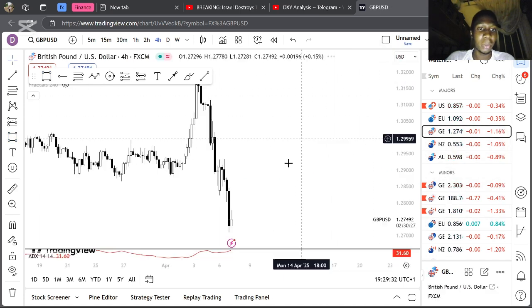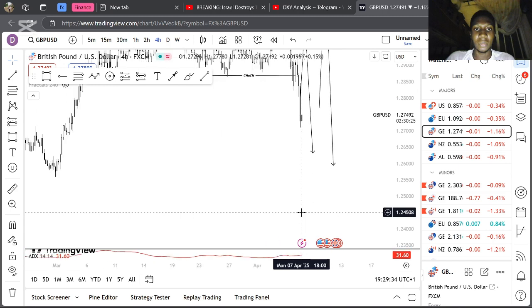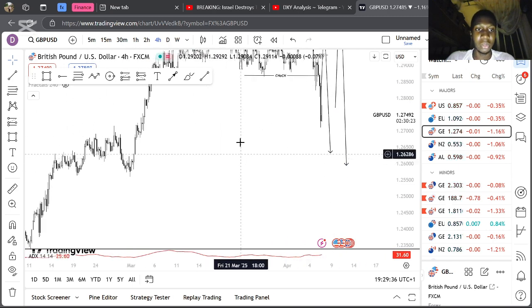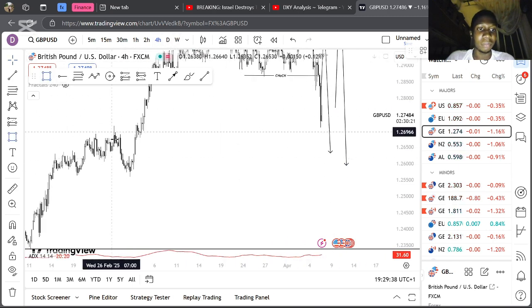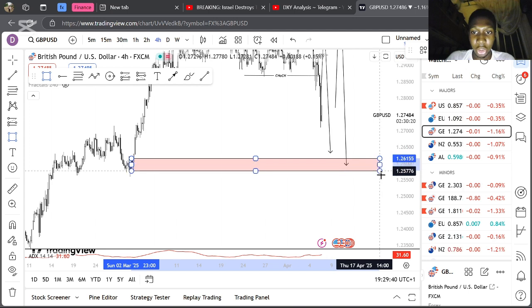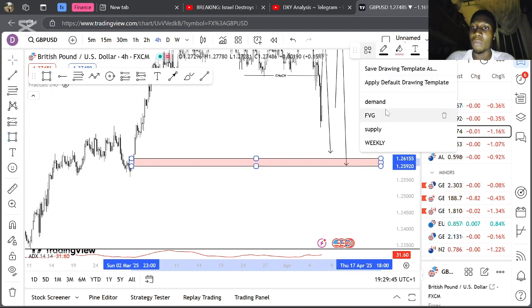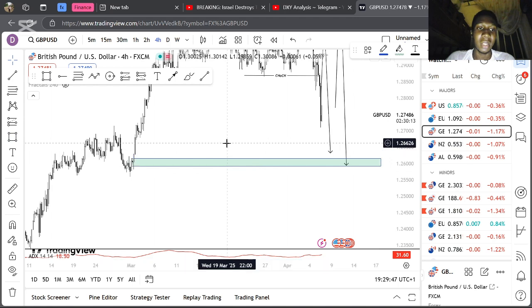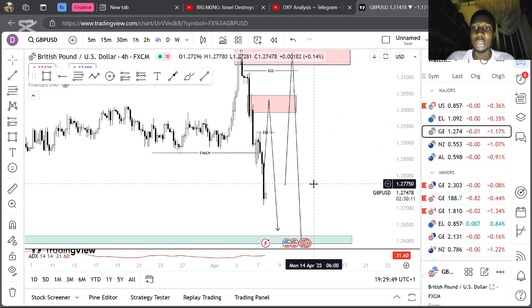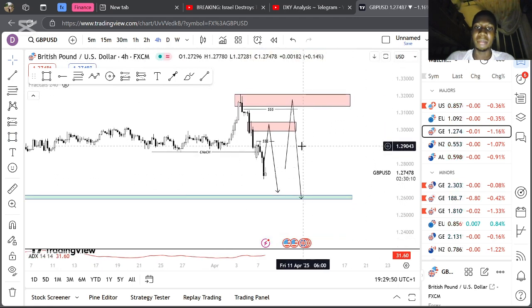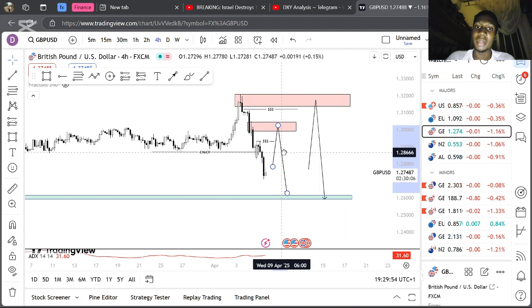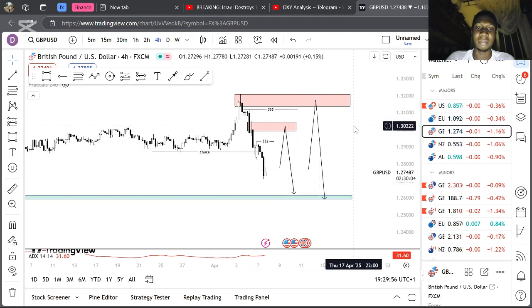And let's go to GBPUSD. GBPUSD could be heading towards the demand zone here too. So you can see that just by analyzing DXY, I'm able to have an idea of what other currency pairs can do, and you can use this in your trading to boost your foresight of what the market is going to do.